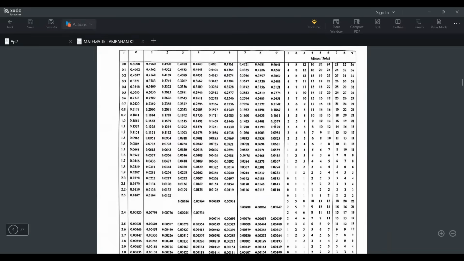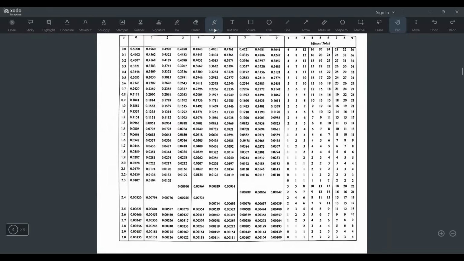So 2.858, right? So let's find it. I will use highlight. So 2.8, this one, and then 8. So the value would be this one, right? 0.00219. And then 8 here would be 6. Yeah, 8, right? Okay, so I see it. So this one is 2.858.